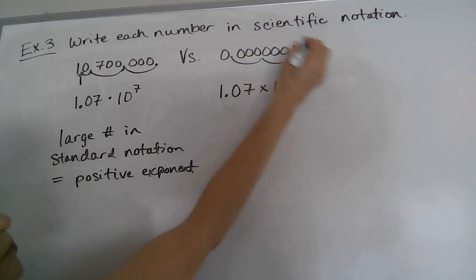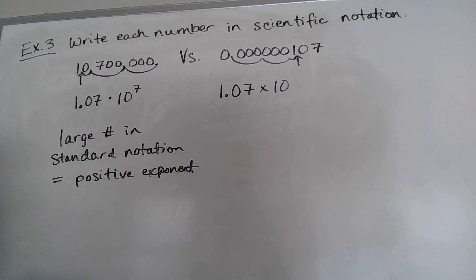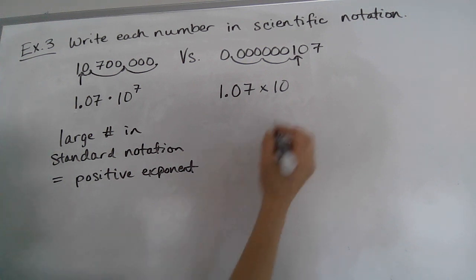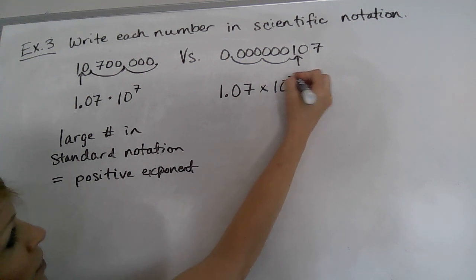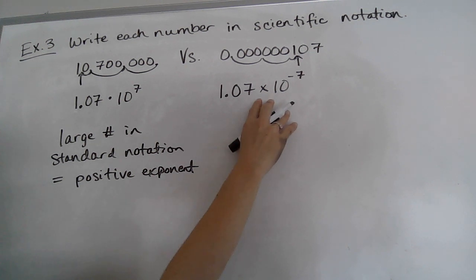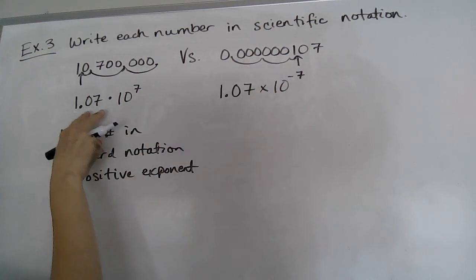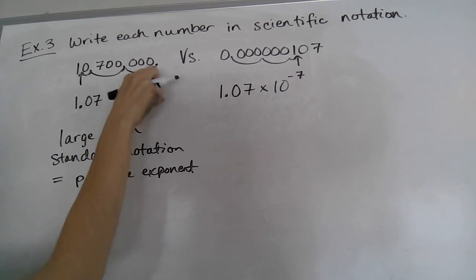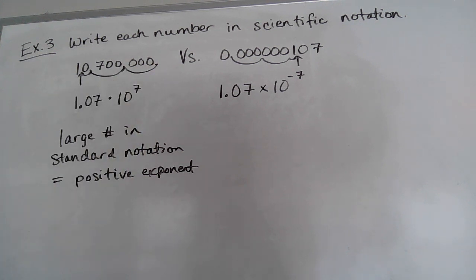But now we have a small number. Because our number is very small, we need to represent that with the negative exponent. 1.07 times 10 to the negative 7 means we have a very tiny number. 1.07 times 10 to the positive 7 means we have a very large number.